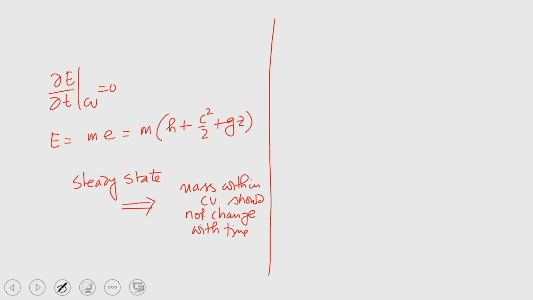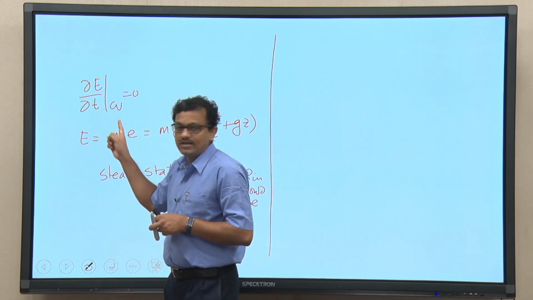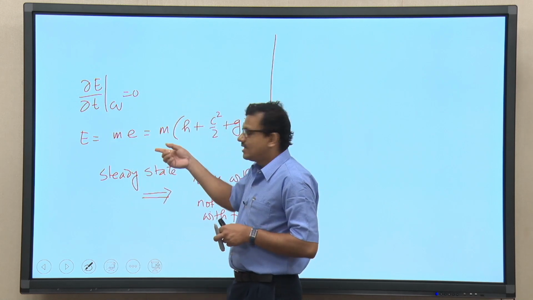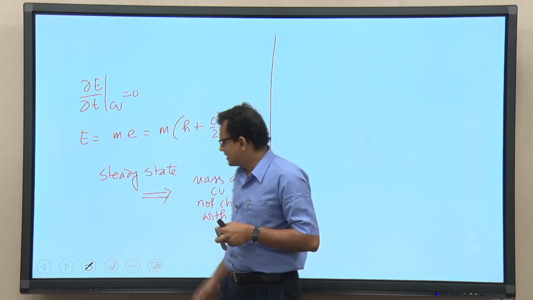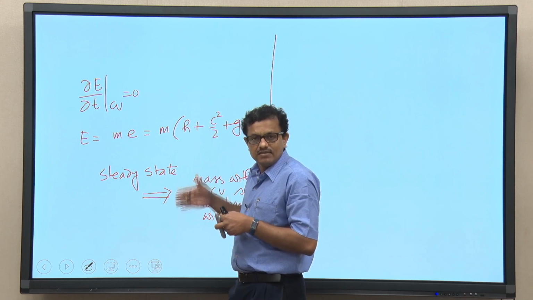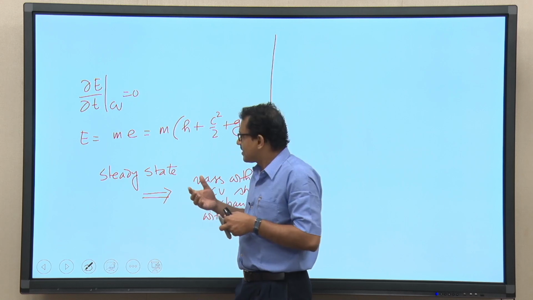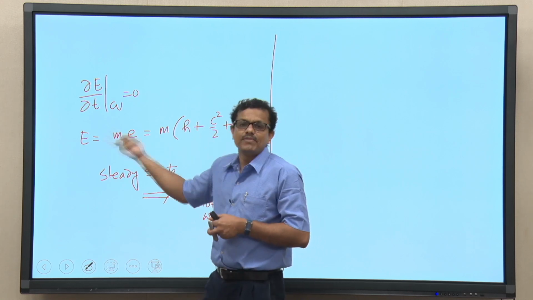If mass does not change within the control volume with time, is it sufficient to ensure that we can write d by dt of E within the control volume equal to 0? No, because it may be that the mass remains within the control volume, but the properties may vary with time. So, the product may vary with time.